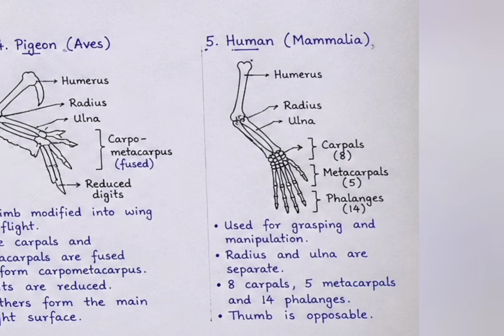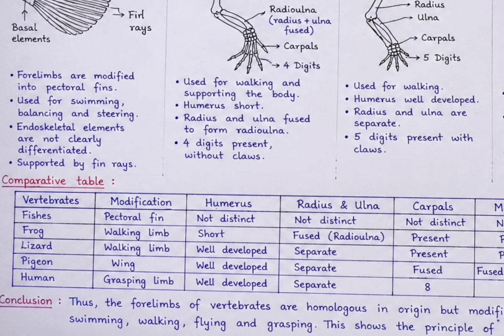Here we have to see the comparative table, the difference table of vertebrates: fishes, frog, lizards, pigeon and humans, that is fishes, amphibians, reptiles, Aves and Mammalia. In fishes the forelimb is modified as a pectoral fin; in frog it is a walking limb, and the same in lizards.